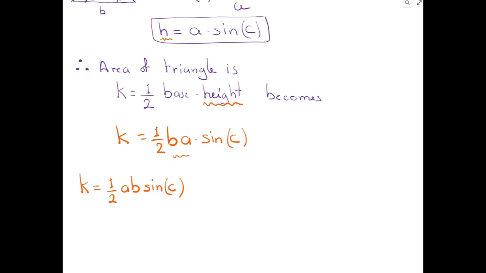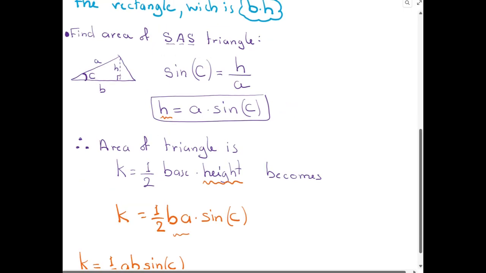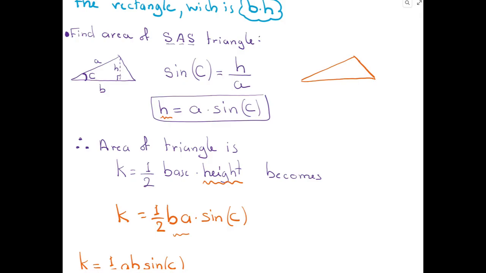And if I do my triangle differently, let's see what I mean. I'm looking at my triangle, and this time I'm going to drop my altitude not from that angle, but let's say from this one, right?